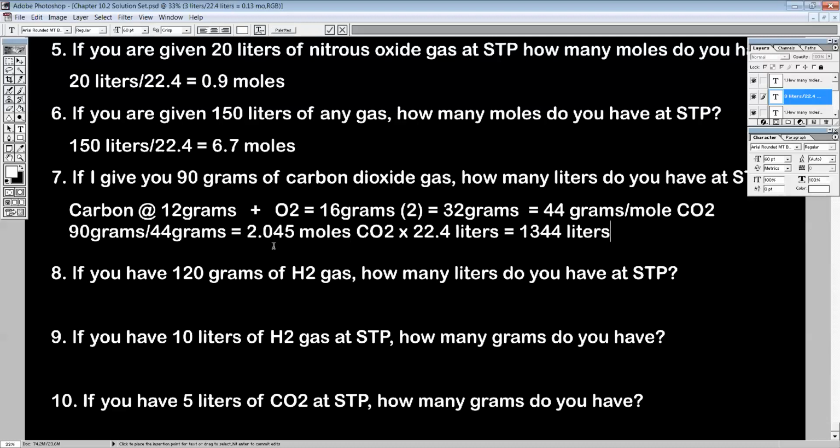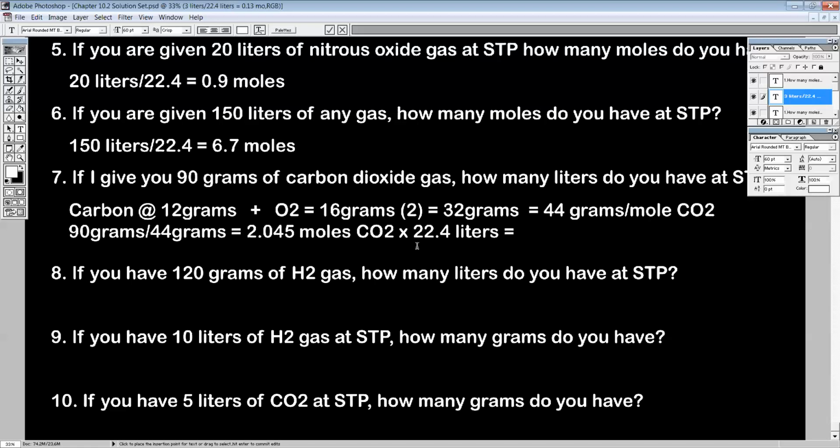So just to take a little review, we calculated that we had 2.045 moles of CO2. Each mole is, well, let's back the truck up. We've got a little bit of a math error here. I'm looking at the next problem. It's a good thing. 13.44 is the answer for the next problem.